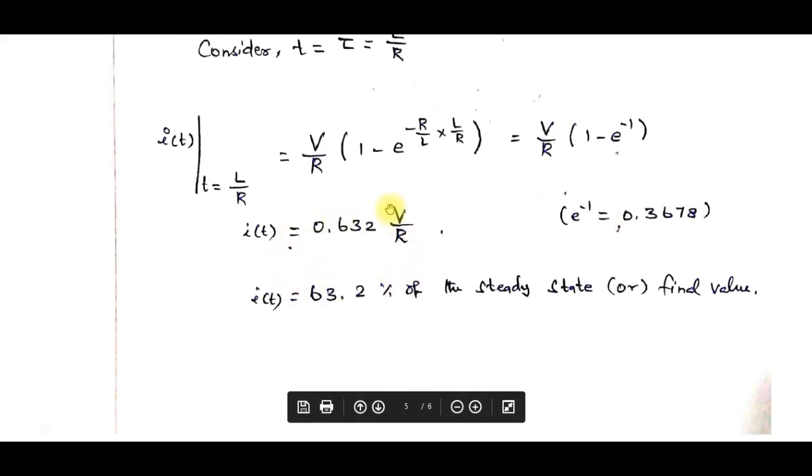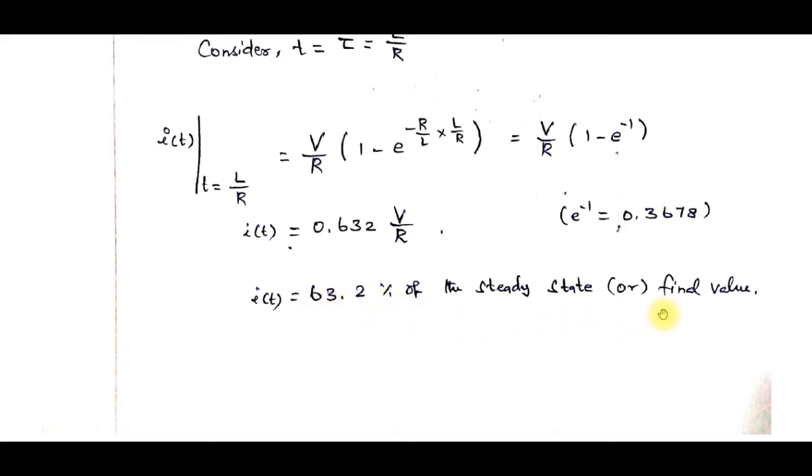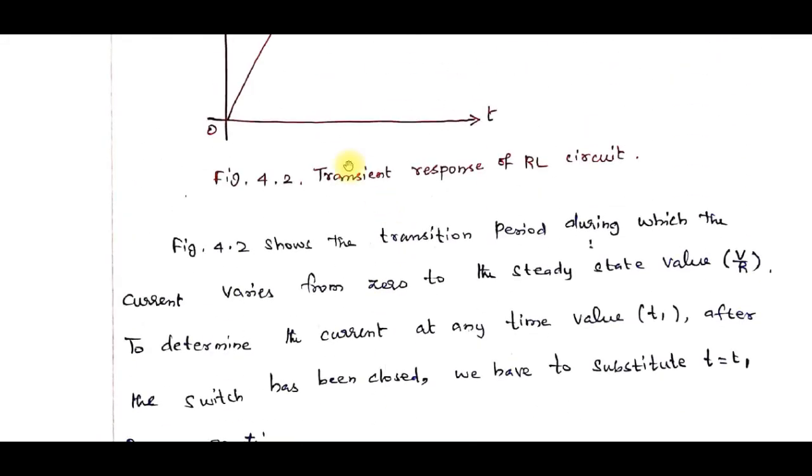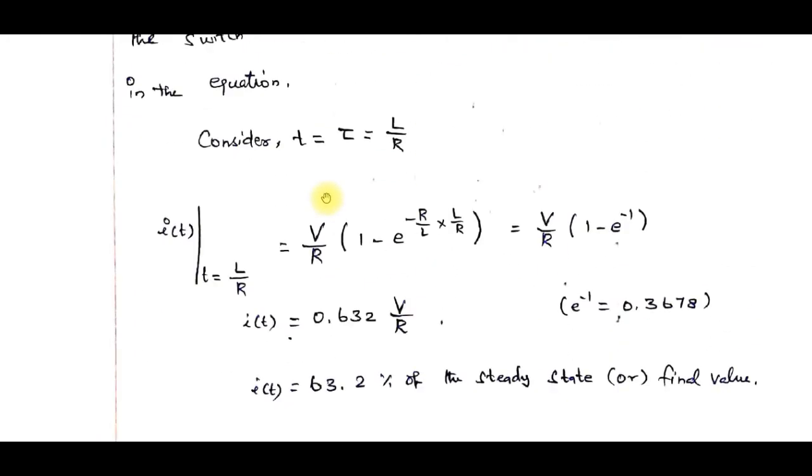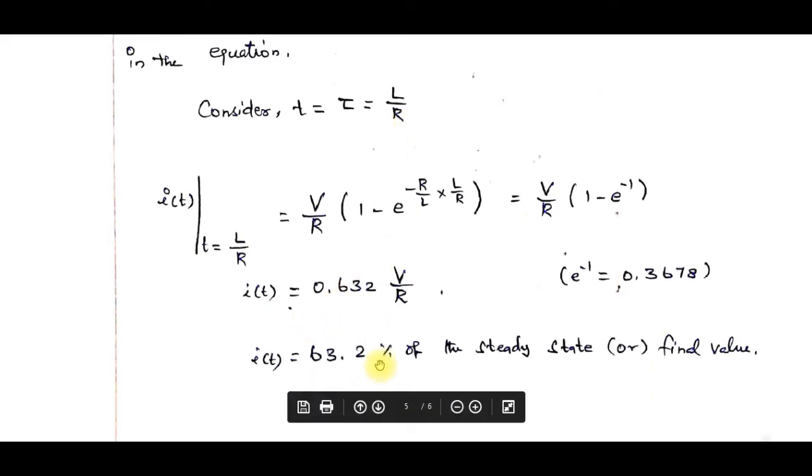So this implies that 63.2 percent of the steady state or final value is reached. V by R is the final value here. At time t equal to L by R, 63.2 percent of the final value will be achieved.